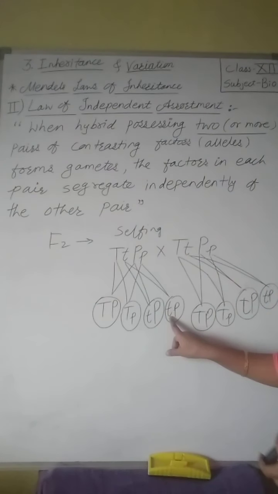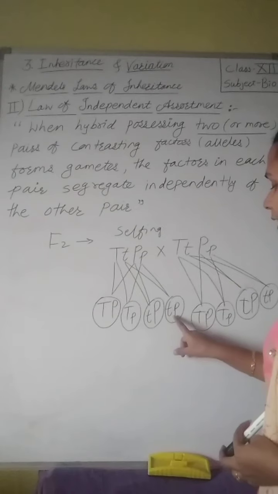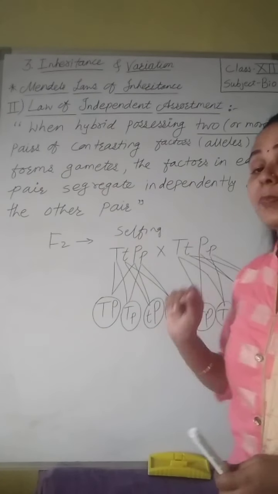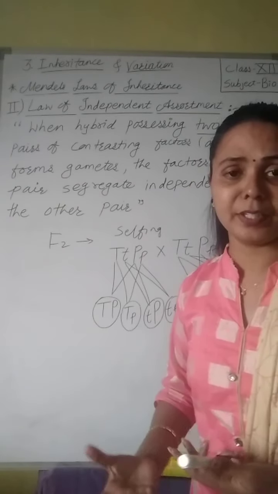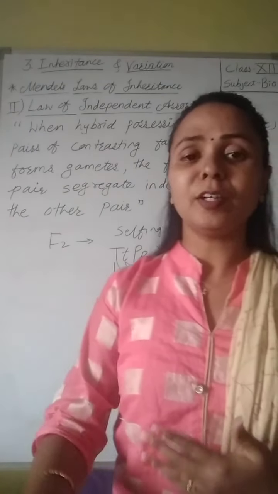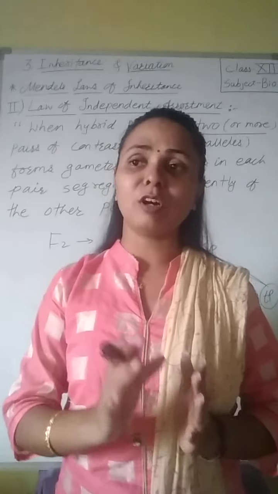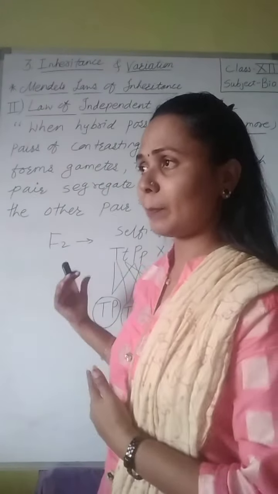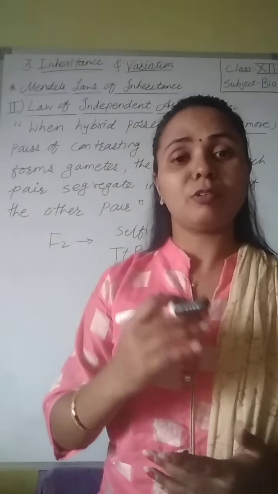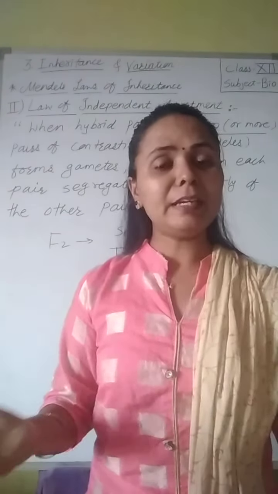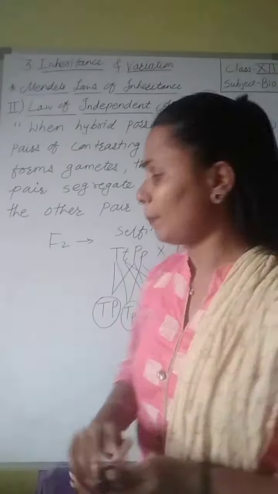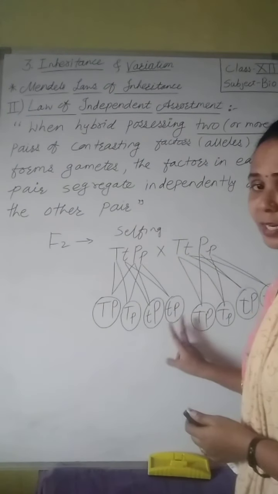Here both are recessive, dwarf as well as white. Each allele has its separate identity. Nothing is dependent on others: tallness is not always combining with purple, or dwarfness is not always combining with white. So they independently assort, combining independently with one another.